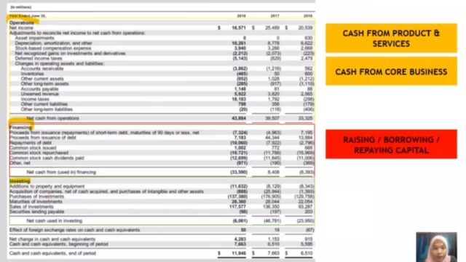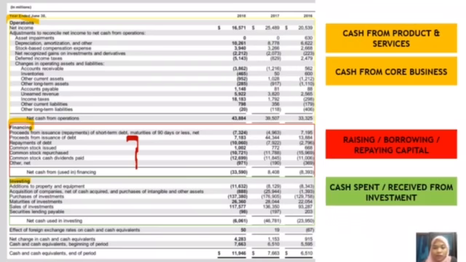And we can see here, okay, the company issued new shares, dividends were paid, and a loan was taken out. And the last one, cash flow from investing activities, is either cash spent on investments or cash received from sales of investments.